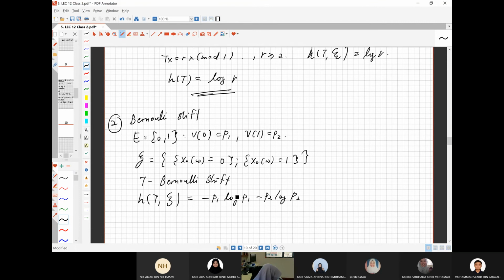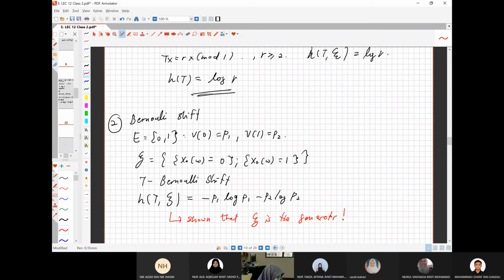And in Bernoulli shift also we already show that your psi is generator, right? Psi is the generator.